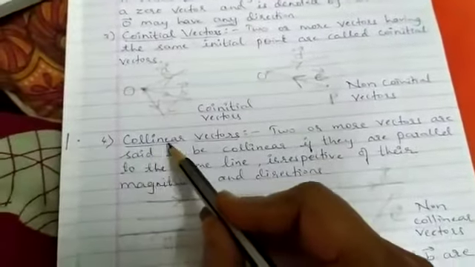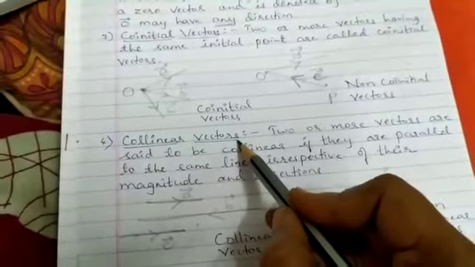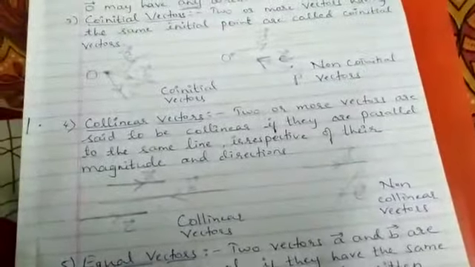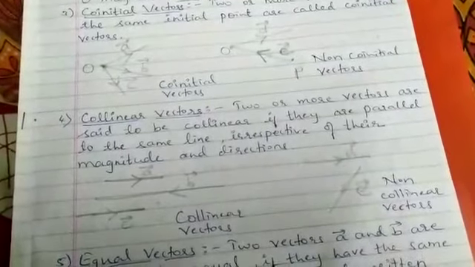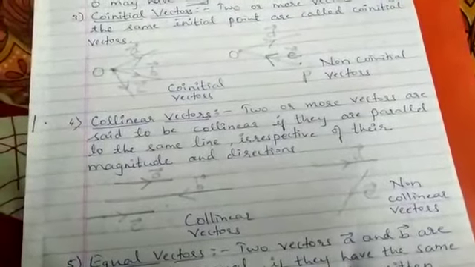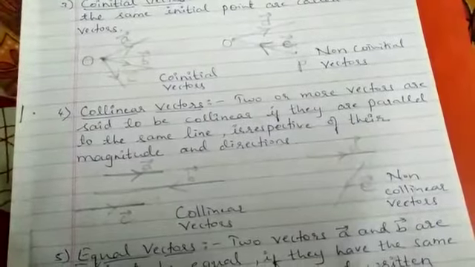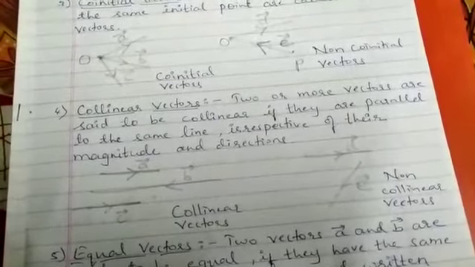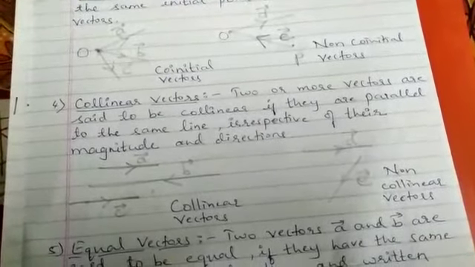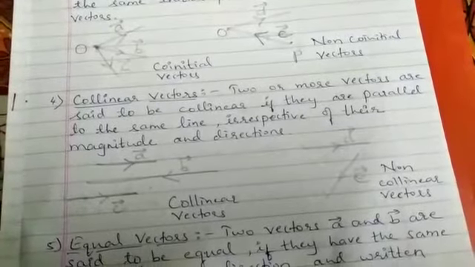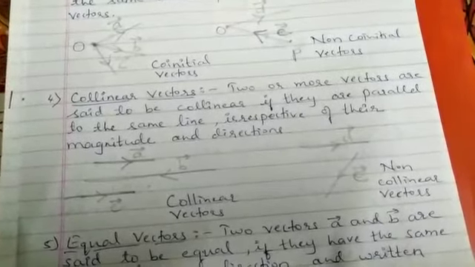The next one we have is collinear vectors. Definition, once again a 1 mark question: two or more vectors are said to be collinear if they are parallel. Remember, the sufficient condition for this is that they should be parallel to the same line irrespective of their magnitude and direction.